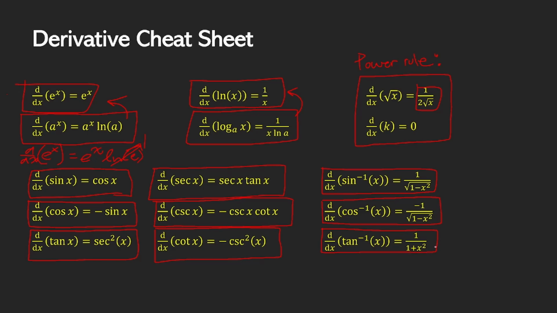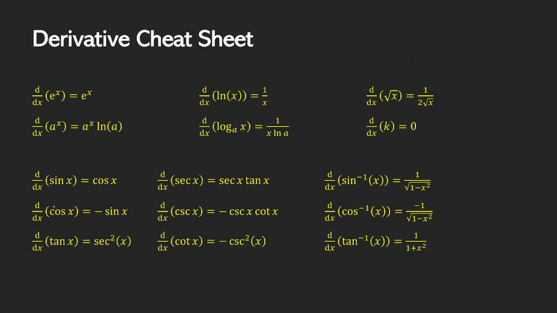Alright, now this might look like a lot to memorize, but it isn't, and I'll tell you why. For every trig function that starts with c, a negative is going to come out. So let's look at cosine x, cosecant x, cotangent x, cosine inverse x. All of these have a negative in front of it.